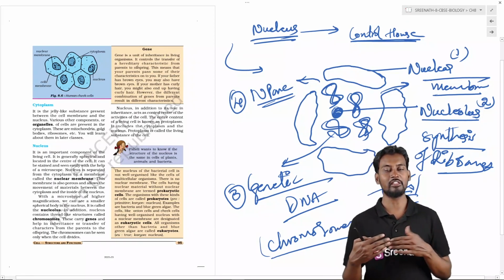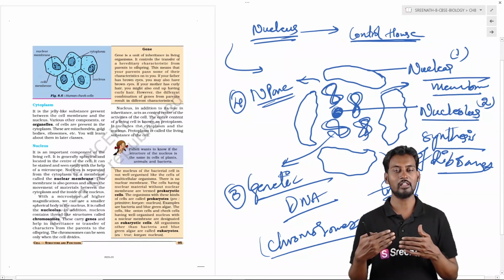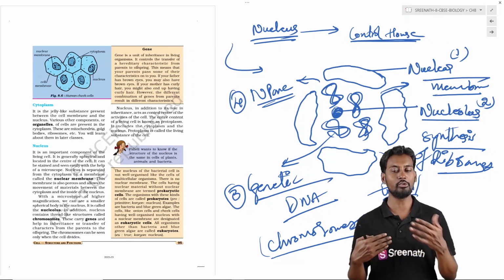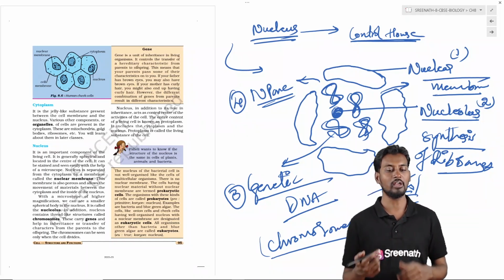So this entry and exit of materials is done between the nucleus and the cytoplasm of the cell.